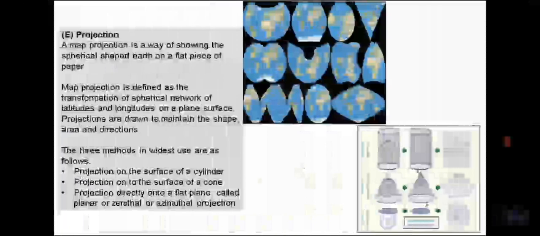The three methods in widest use are as follows: projection on the surface of a cylinder, projection on the surface of a cone, and projection directly onto the flat plane, called planar or zenithal or azimuthal projection.